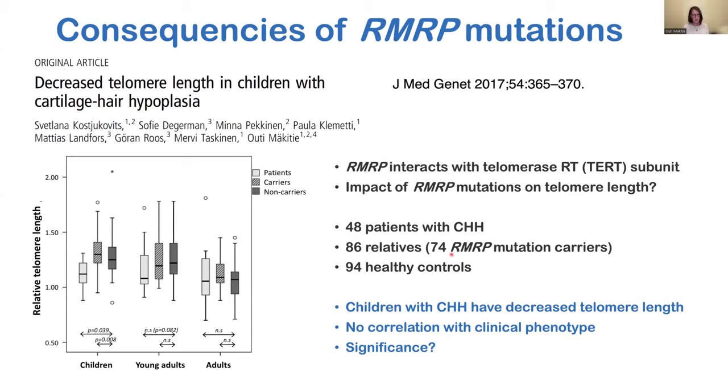And we could show, as you can see here in the figure, when we divided the individuals to children, young adults, and adults, that especially among the children, the patients had shortened telomeres, but this was not so evident in the young adults and adults, and it's a little bit difficult to explain how this could be, but one explanation could be that the ones with shortened telomere lengths have poor prognosis and had already died and are not the survivors that were included in this study as older adults.